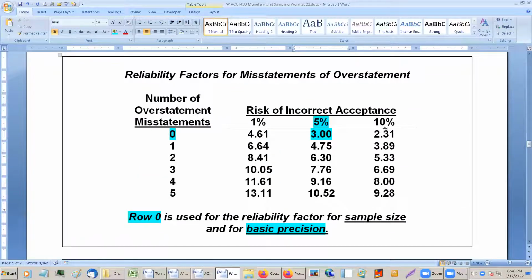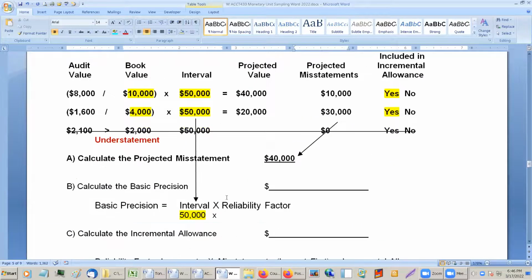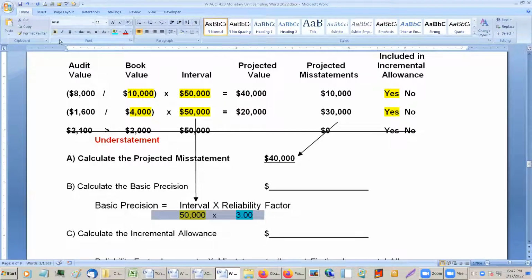Okay, so this is 3.0. So that equals 50,000, it was 150,000, right? So this is our basic precision.